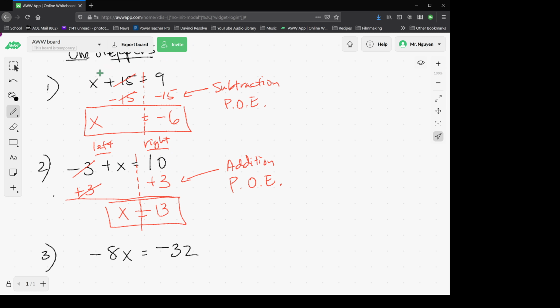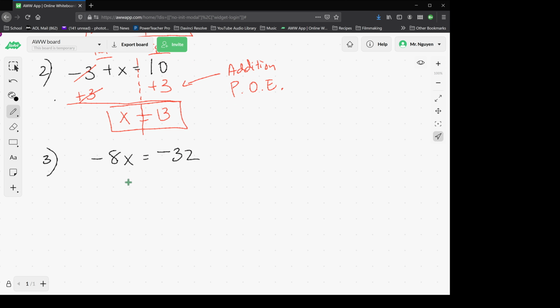The other two have addition and subtraction. This one is multiplication. So we know that negative 8x means negative 8 times x. So what we have to do to get x by itself is do the inverse operation of multiplying by negative 8. And the inverse operation for that is dividing by negative 8.